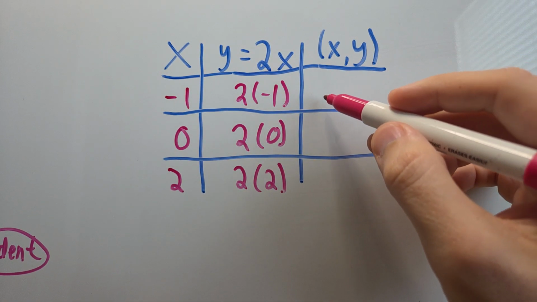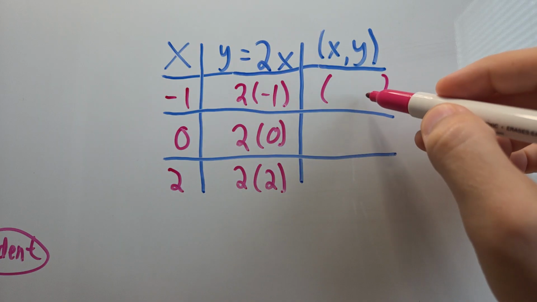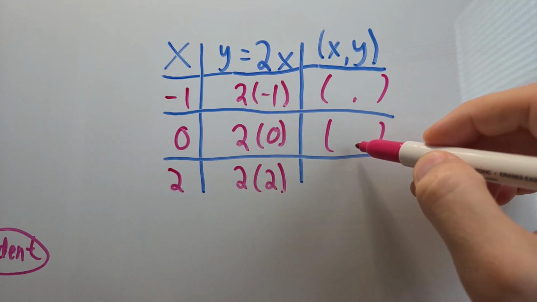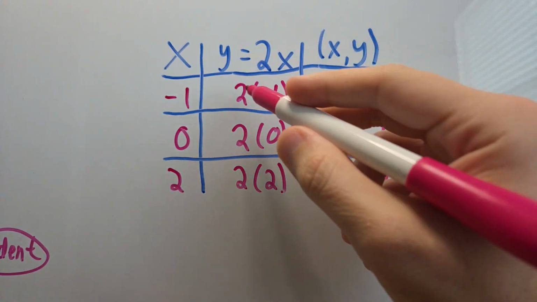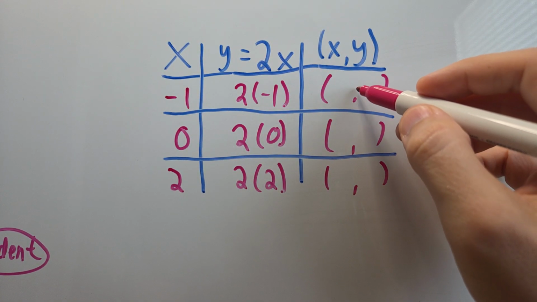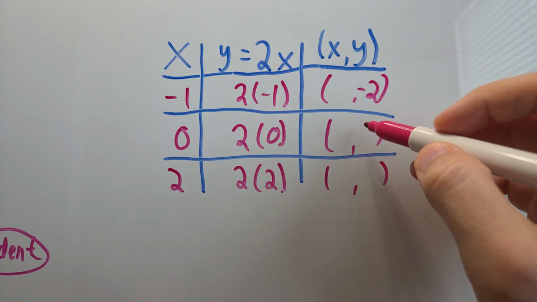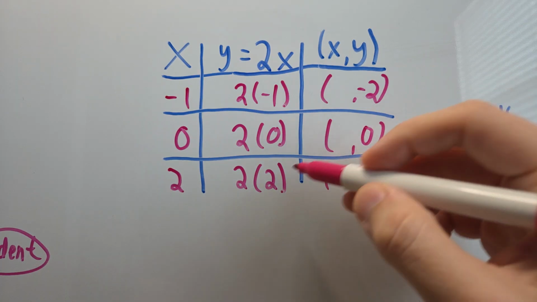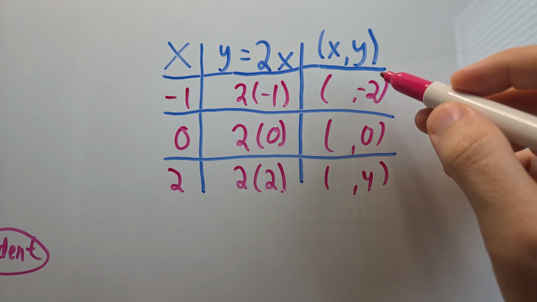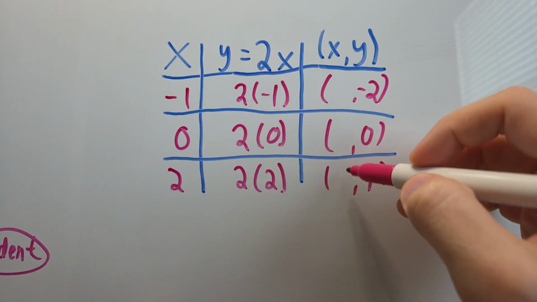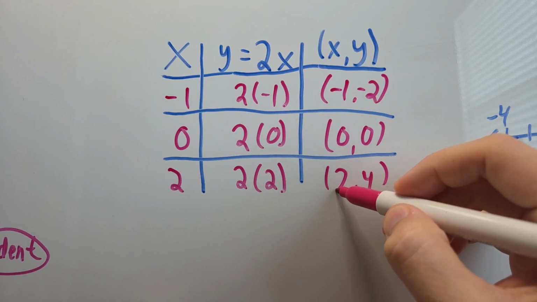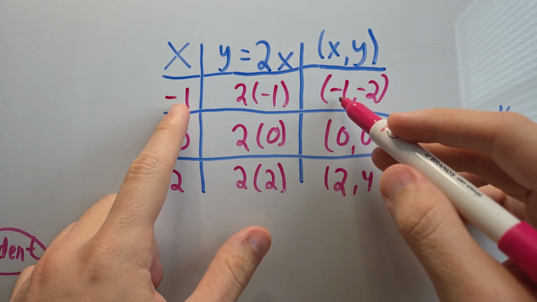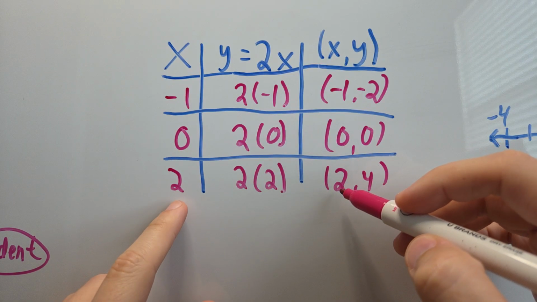Here is the general coordinate point that we're going to get based off of that calculation. 2 times negative 1, that's negative 2. 2 times 0, and then 2 times 2. That takes care of whatever y is. The first value of those coordinates are whatever we put in for x. Respectively, that's negative 1, 0, and 2.